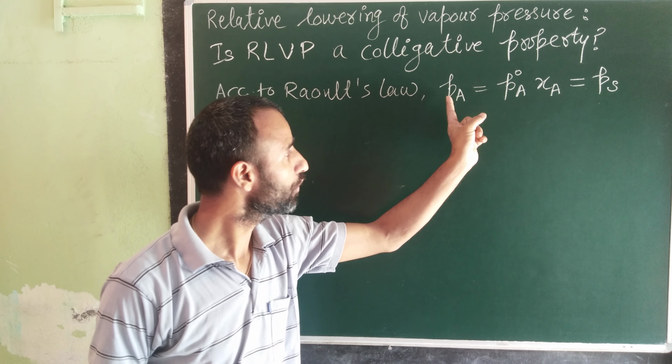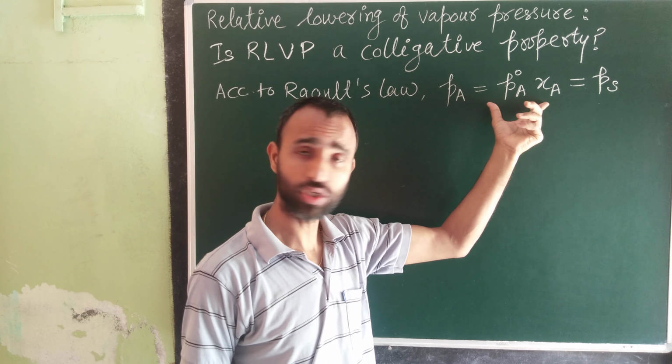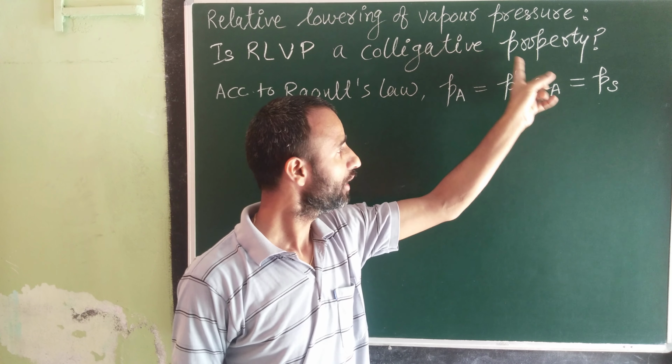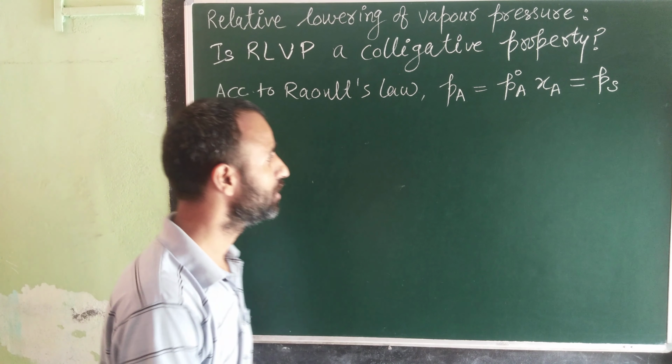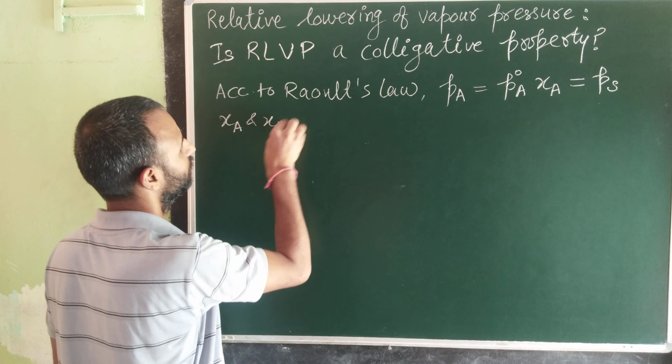So vapor pressure of A, solvent in the solution, is equal to vapor pressure of the solution. This is Raoult's law that you know. P naught A multiplied by mole fraction of A. XA and XB, they are mole fraction of A and B respectively.